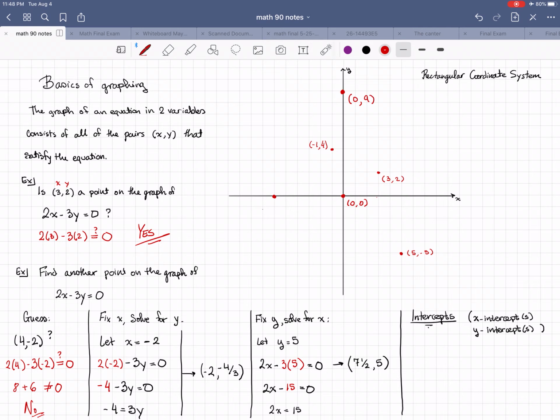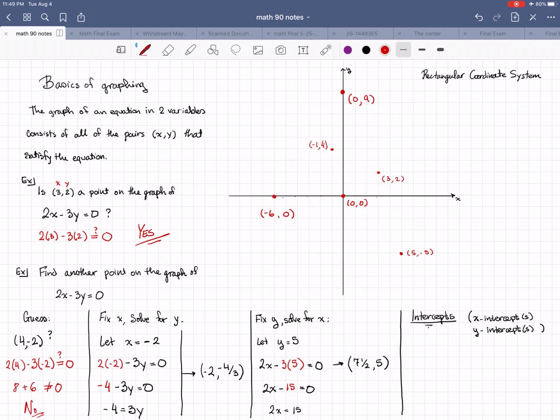So if a point is on the x-axis, its y-coordinate is 0, and then its x-coordinate is whatever it is, depending on where the point is, but in this case, we moved 1, 2, 3, 4, 5, 6 units to the left, so the x-coordinate of this point is -6. So those are the intercepts.